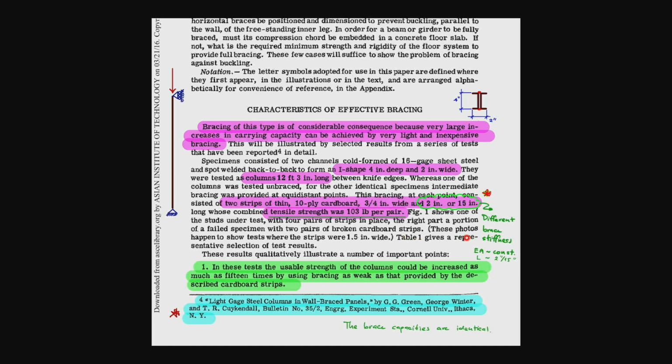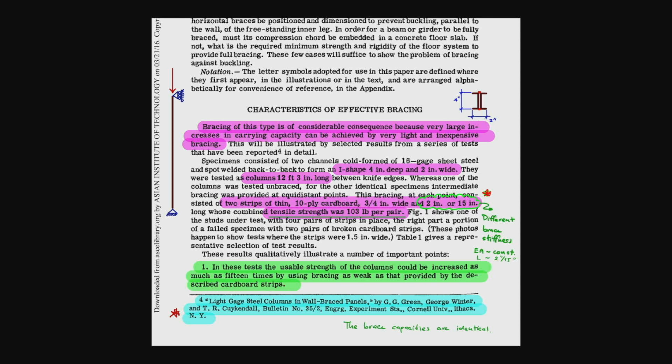Table 1, which is going to be on the next page, shows everything relating to the test result of the brace. Anyway, let's read through this first before we go to the next page. In this test, the usable strength of the column could be increased as much as 15 times by using bracing as weak as that provided by the described cardboard strip.